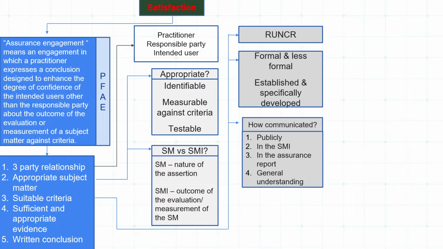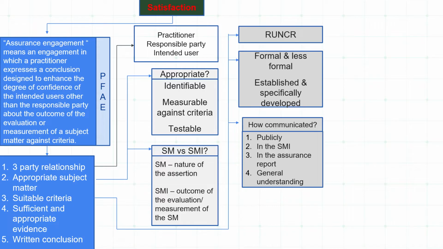They can also be communicated in the subject matter information or in the document. They can be communicated in the financial statements, for example, when management would point out in the notes to financial statements that the FS are prepared in accordance with the Philippine Financial Reporting Standards.